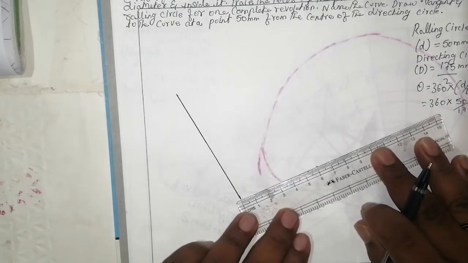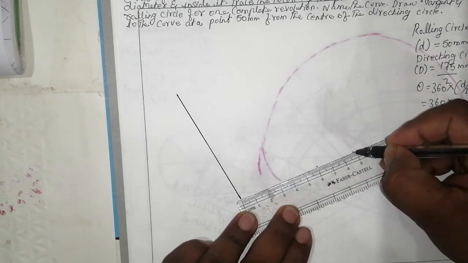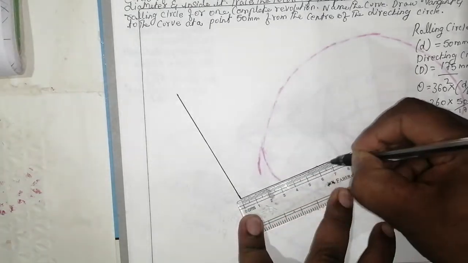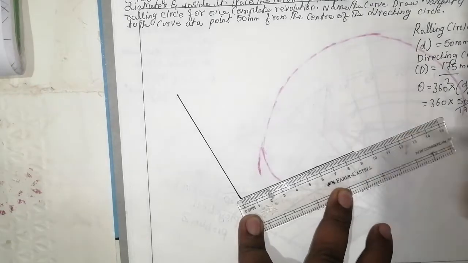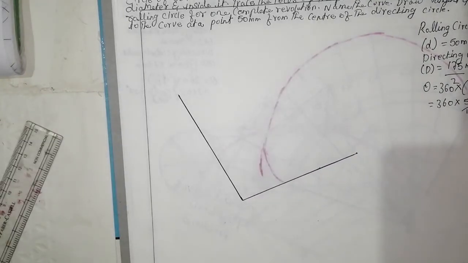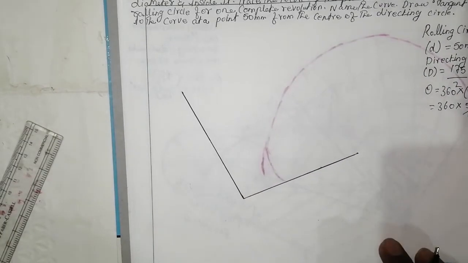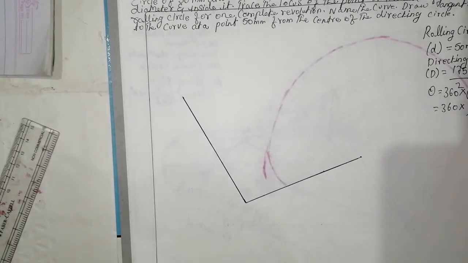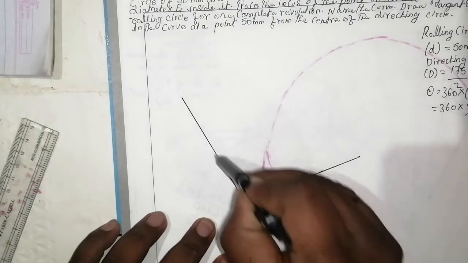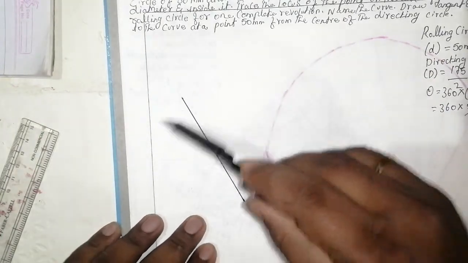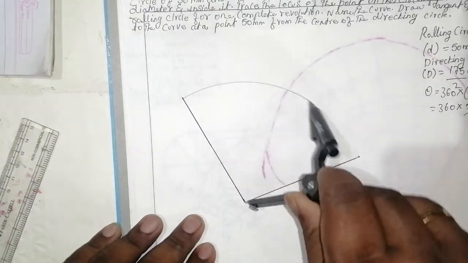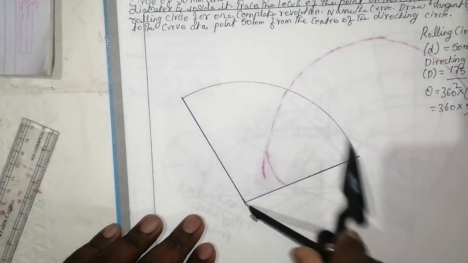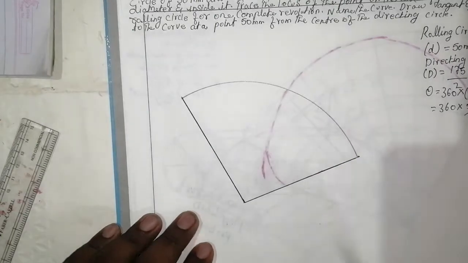Take from here 87.5. It will go anti-clockwise, the rolling circle. And then how to take, I'll take here directly 87.5 and draw one circle like this, the curve line. So the 87.5 will come like this.